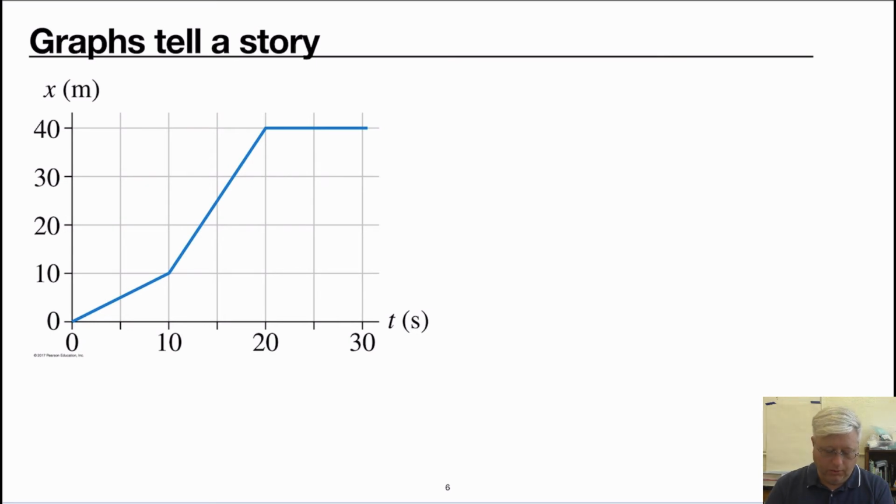Zero on the position axis was my house, and as I was going to work, I was getting further away from my house, 40 meters from my house. So if I wanted to go back, then I have to go back toward the zero. So I'm going to have to do something like this.